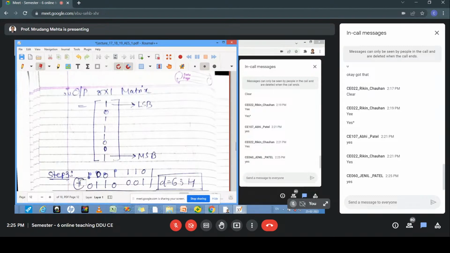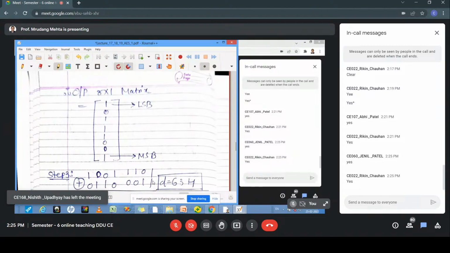So it is simple. And now what we have to do is perform XOR with 63H. So we convert the 63H into binary and then we perform XOR. Please perform the XOR operation on this output value with 63H. What is 1 XOR 1?